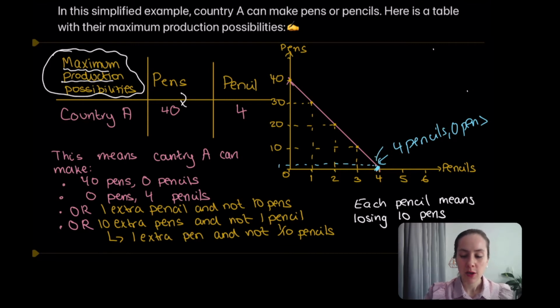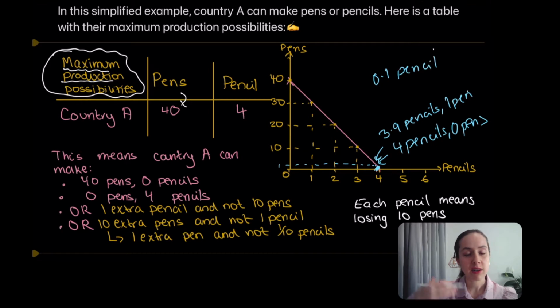They're going to go from 4 pencils to, I reckon, 3.9 pencils to get to 1 pen. So what's been the opportunity cost? 0.1 pencils, which, because it's a straight PPF, will always be the same sacrifice. So I could phrase this as 1 in 10 pencils have to be sacrificed for every 1 pen.